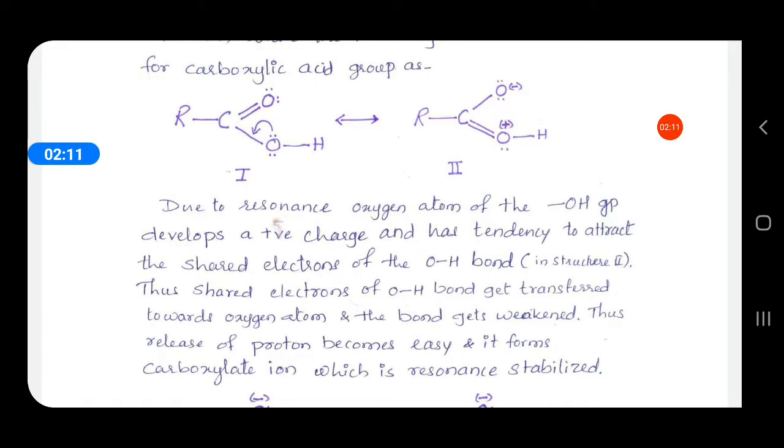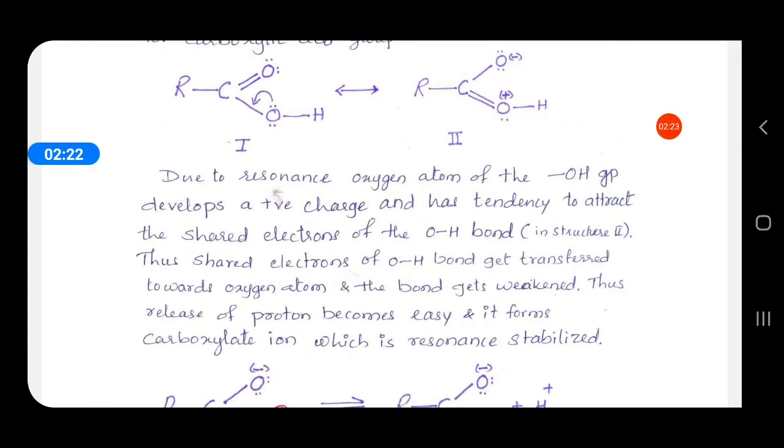In structure 2, the oxygen having a positive charge attracts the OH electrons towards itself. Thus the shared electrons of the OH bond get transferred towards the oxygen atom and the bond gets weakened. Thus release of proton becomes easy.